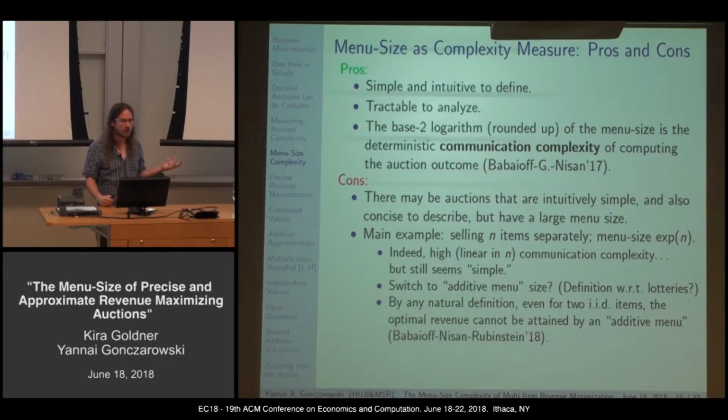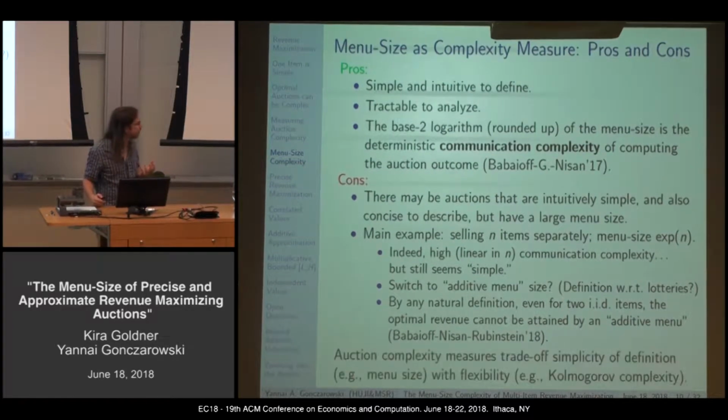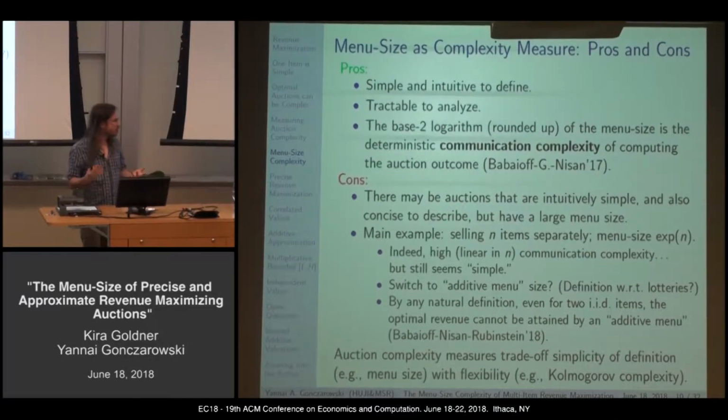So you could start saying, okay, let's maybe have a bit in the auction description that says whether these two lines could be bought together or not together, etc. But then we're losing on simplicity. So any auction complexity measure trades off the simplicity of the definition, such as in menu size, with the flexibility, such as Kolmogorov complexity, what we talked about earlier, fixing your choice of mechanism description language.